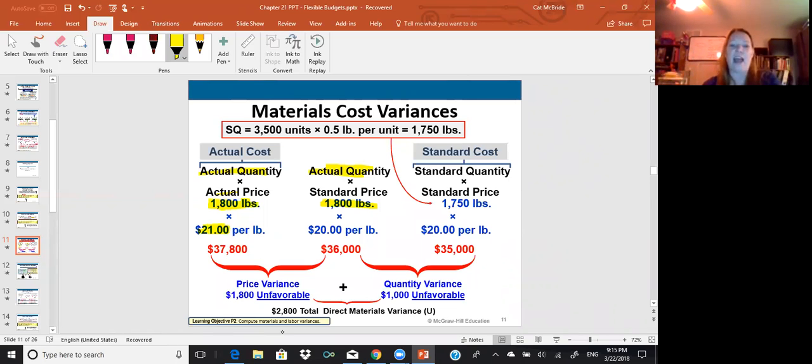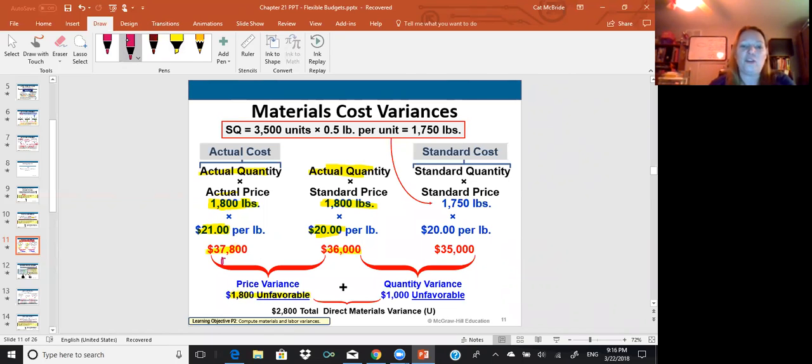Okay, now, so that's actual. Now, in the middle, we're going to say, here's the actual quantity. We actually used 1,800 pounds, but our standard price was $20 per pound. So when we look at these two numbers, what we separated out is the price. So we can see that this $1 a pound times 1,800 pounds created an $1,800 price variance that's unfavorable because our actual amount is higher than our planned amount.